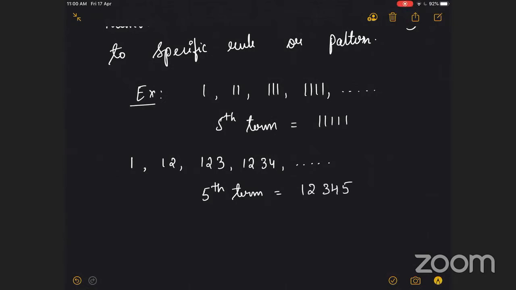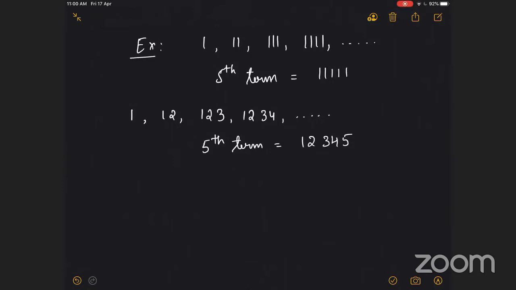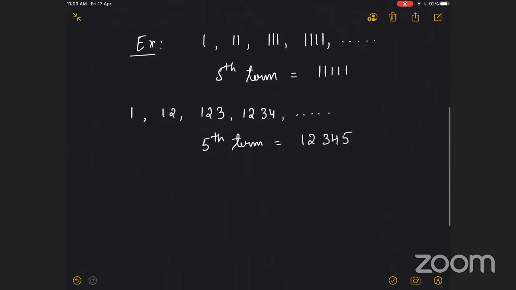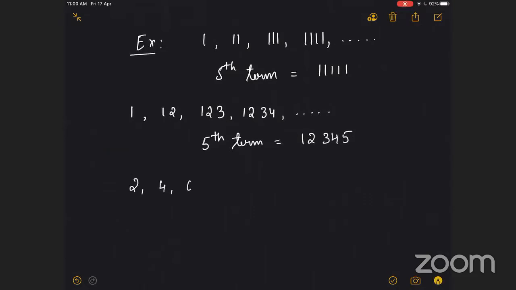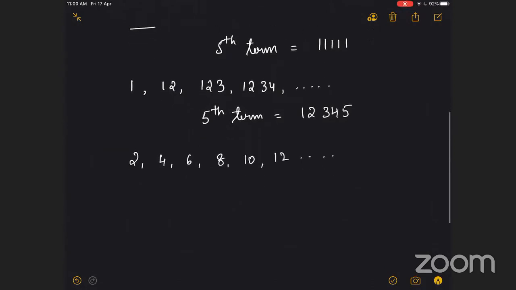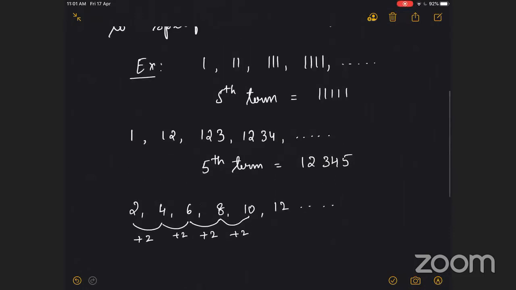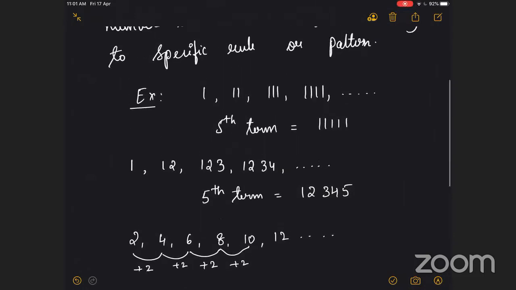So these are sequences, and there is a pattern it is following. Similarly, numbers like 2, 4, 6, 8, 10, 12, and so on have an increment of plus 2, plus 2, plus 2. So any list of numbers following a specific rule or pattern is called a sequence.